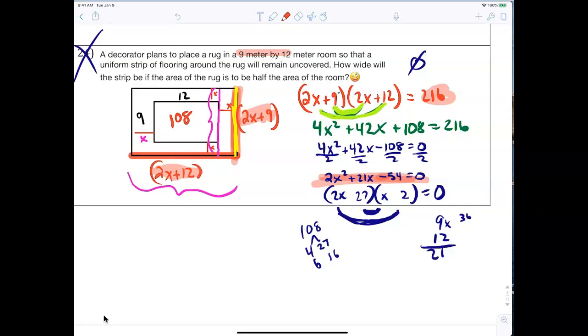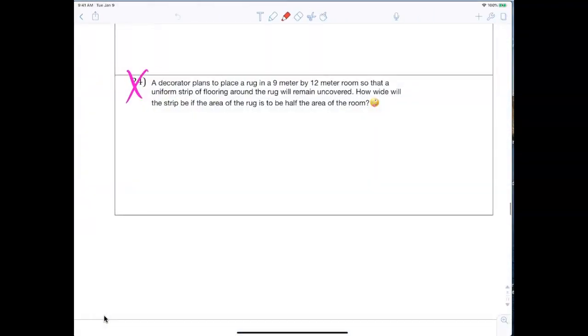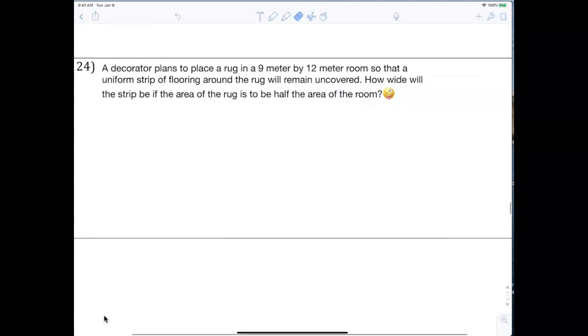All right, so again, I'm going to go back to ours now. Let's fix this. It says the room is 9 by 12. I thought it said that the rug is 9 by 12.